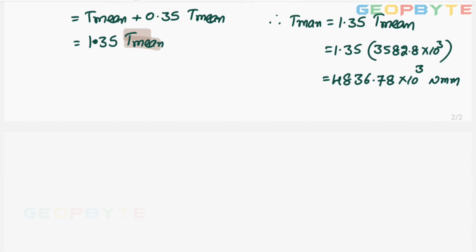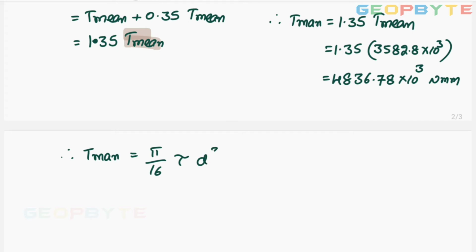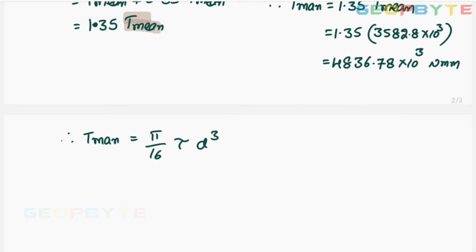But remember, the shaft diameter should be decided based on the maximum torque condition if the maximum torque condition is given. T max equal to pi by 16 into tau into d cube. So 4836.78 into 10 raised to 3 is equal to pi by 16 into tau.